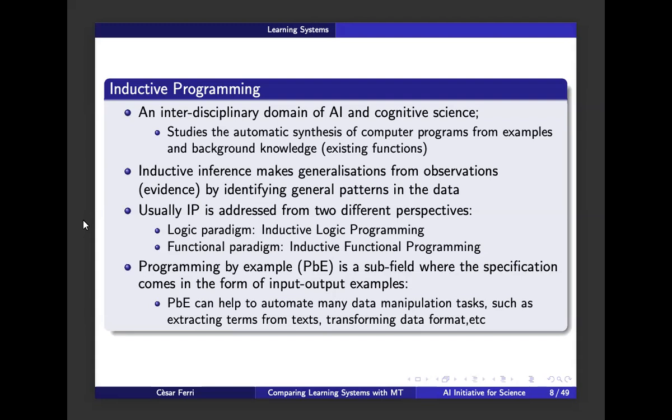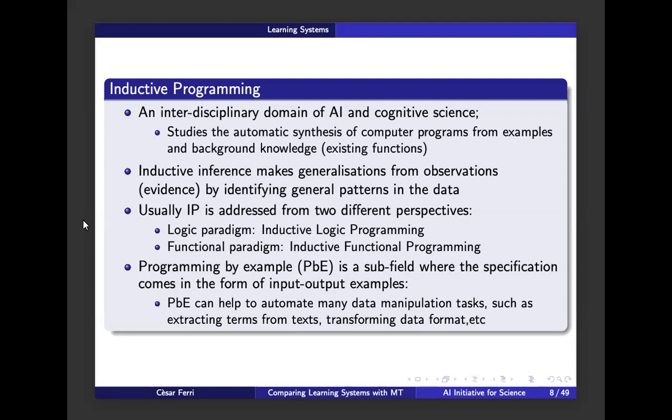Probably the most successful application of this technique is programming by example, in which we give some very basic examples of the function we want to learn, and the system is able to develop a program that covers those examples. Do you know the tool called Flash Fill in Excel? You put in some examples and Excel is able to develop the function that you want to use.